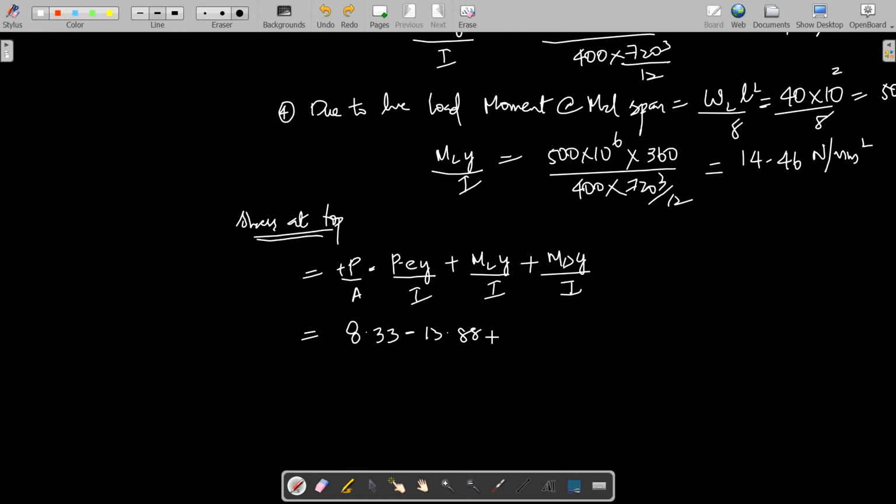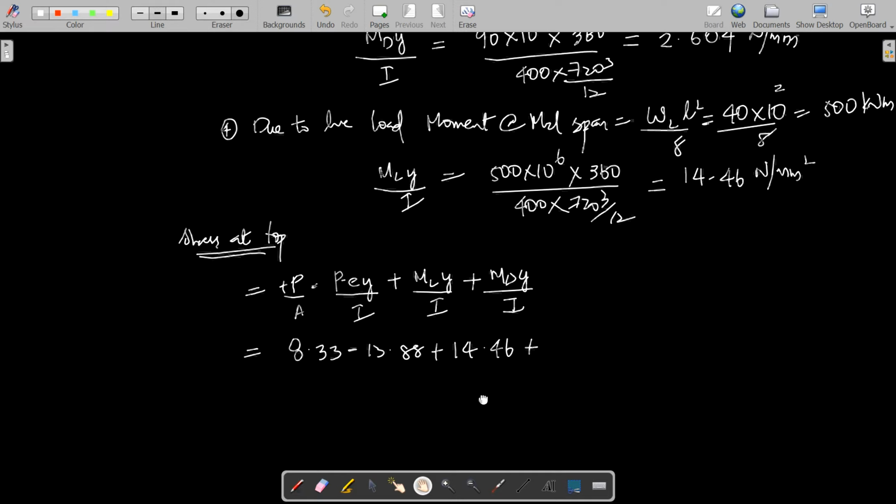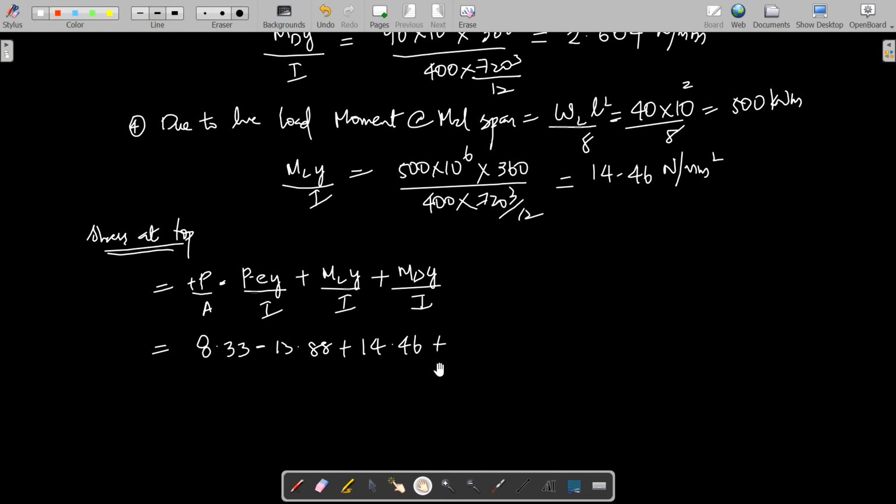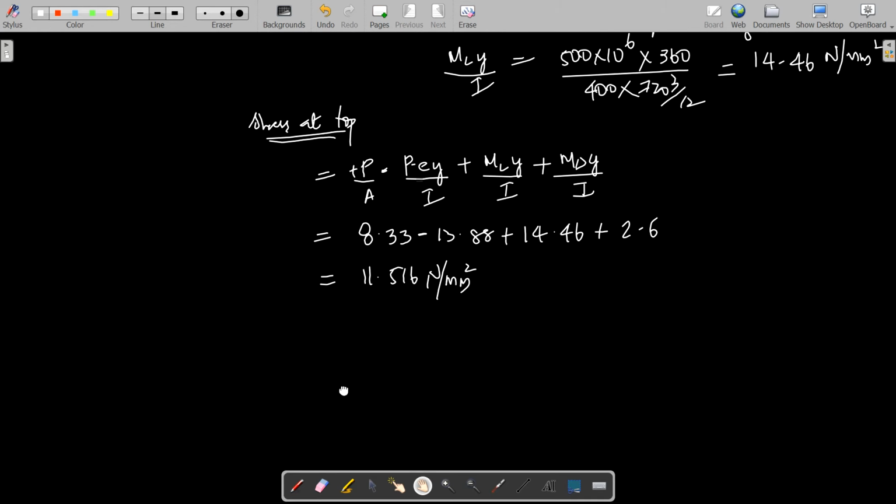Due to the live load you will get 14.46, and due to the dead load you get 2.6. When you solve this, you will get 11.516 Newton per mm square, which means the stress at the top is compressive.